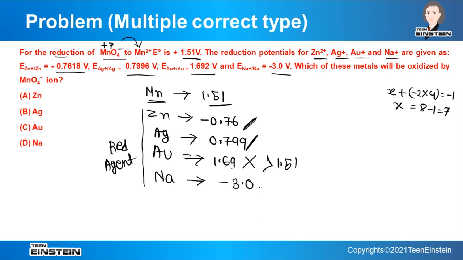And sodium is also possible. So it is possible for zinc, silver and sodium. So the correct options will be A, B, D. Gold cannot reduce the manganese plus 7 state to the manganese plus 2 state. It is only possible with Zn, silver and sodium.